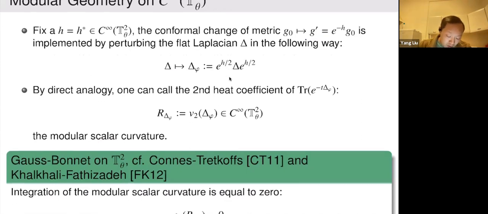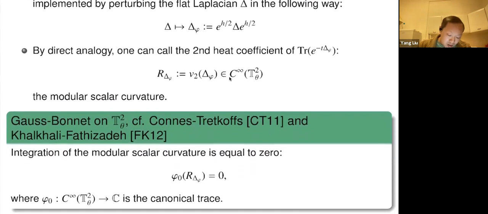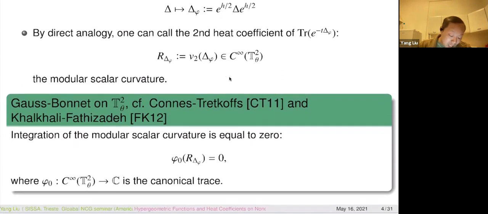And moreover, basically the second coefficient is the sort of analog of the integration of the scalar curvature. Now the Gauss-Bonnet theorem in this setting is basically saying that phi zero is the canonical trace of the non-commutative torus.